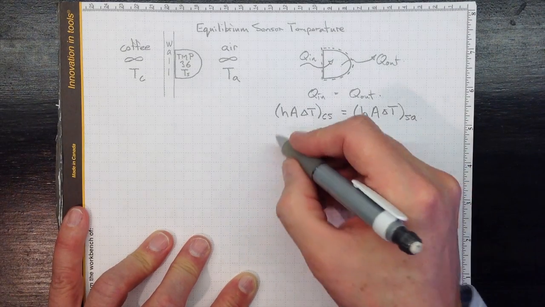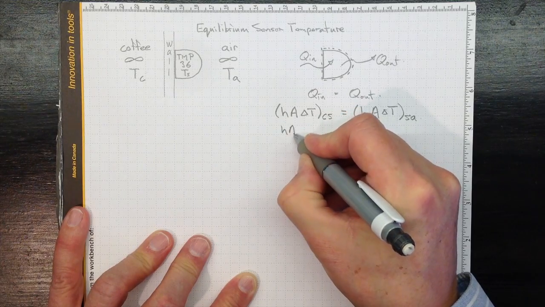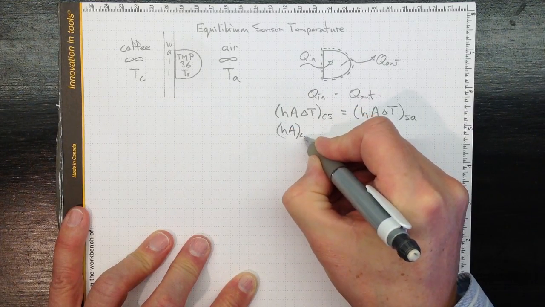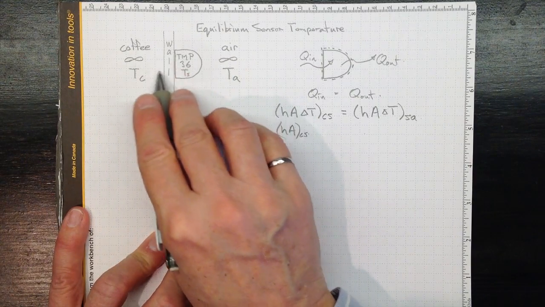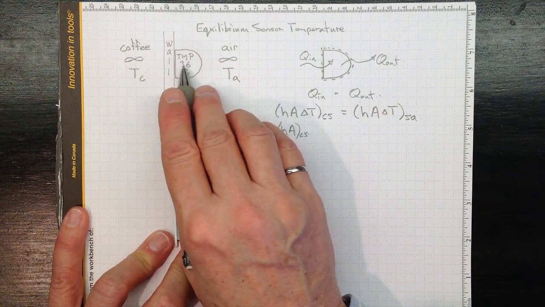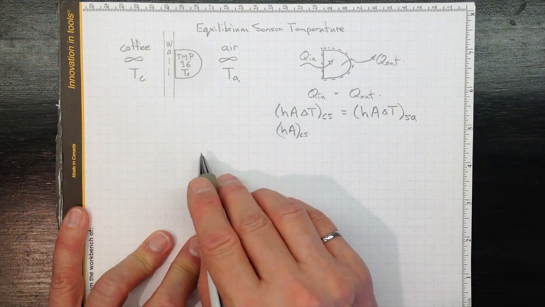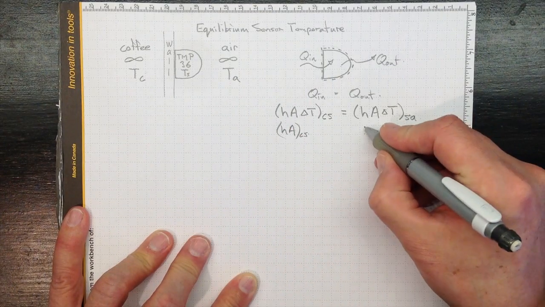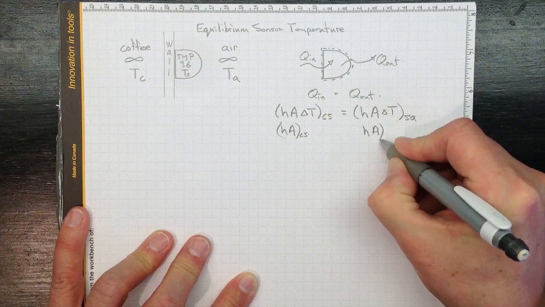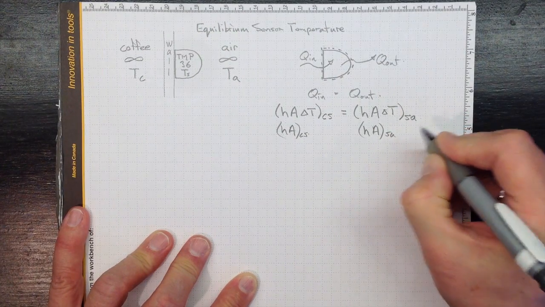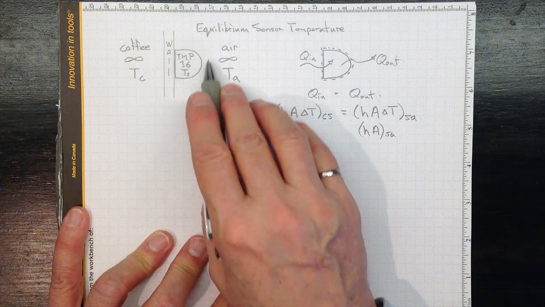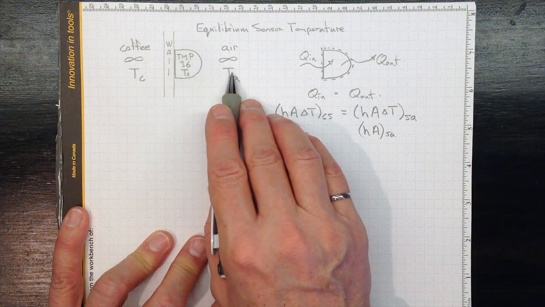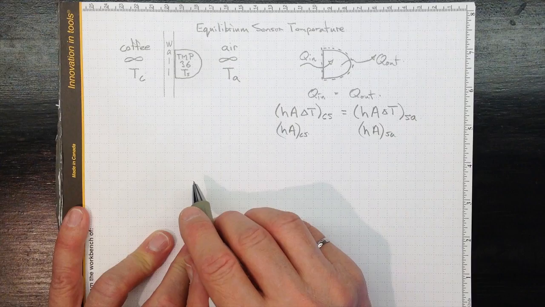So if we pull that out, H A CS, that's all about how good this interface is at transferring energy from the coffee to the sensor. And H A SA, that's all about how good the interface here is at transferring energy from the sensor to the ambient environment.